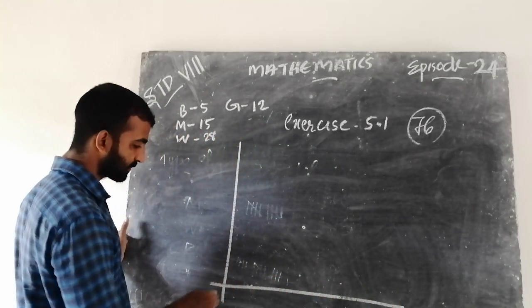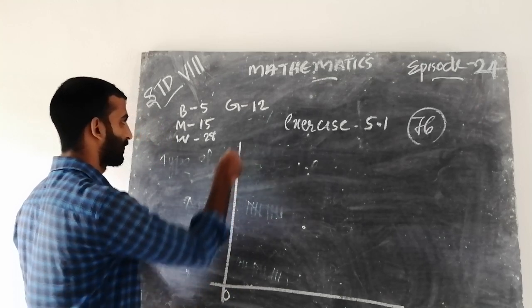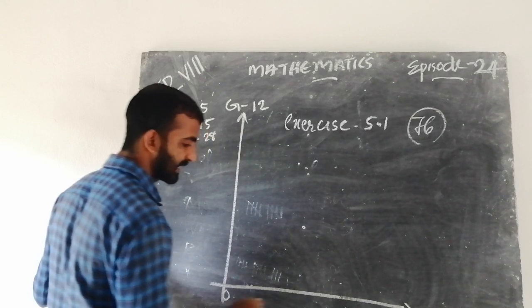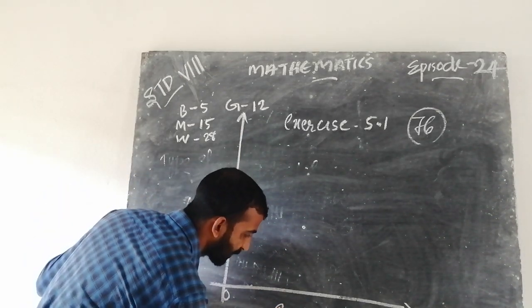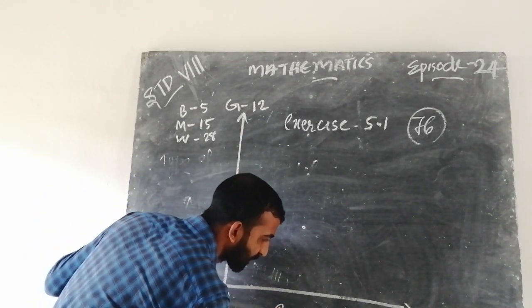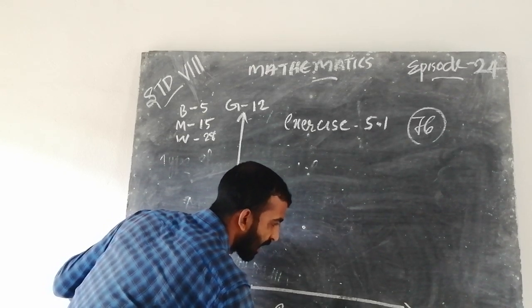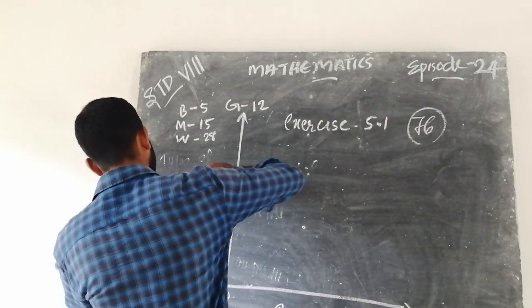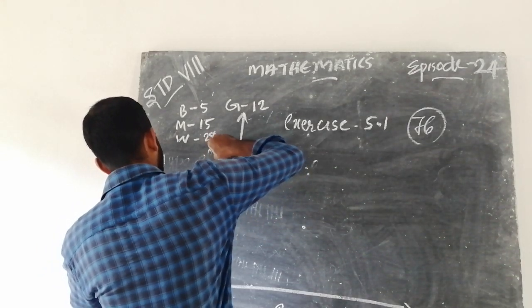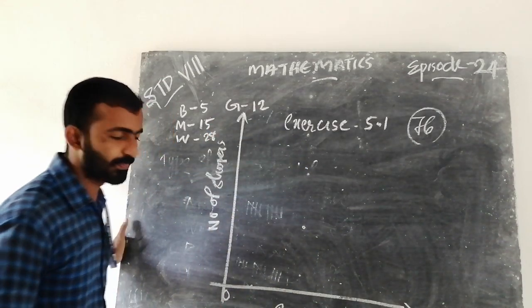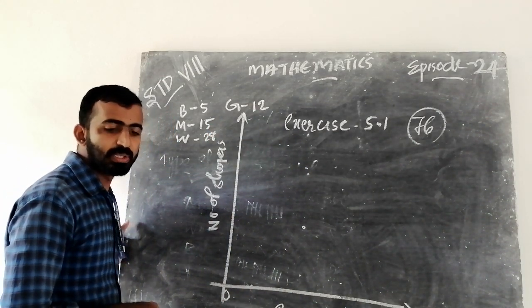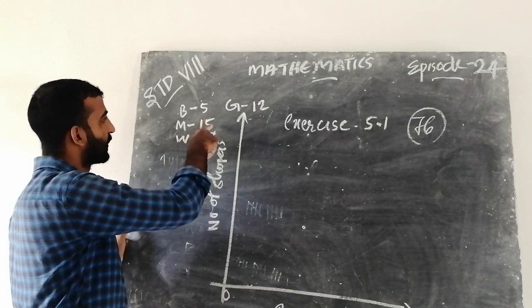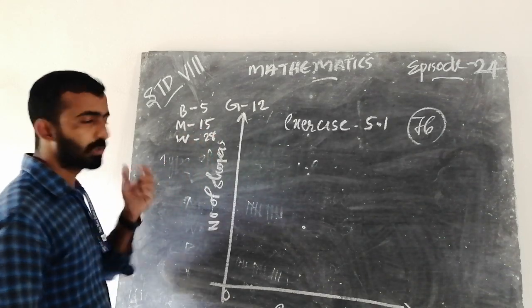First we draw the lines. Here is the type of shoppers, and here the number of shoppers. The values are 15, 28, 5, 12.